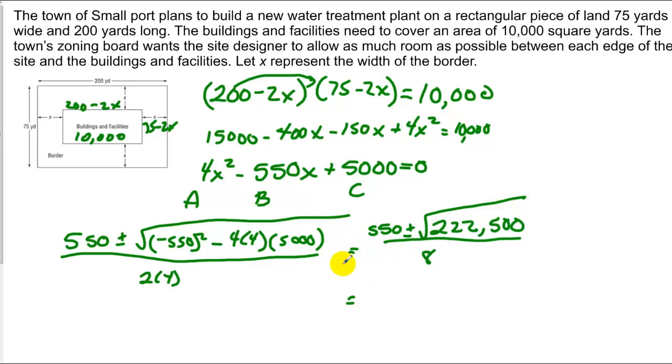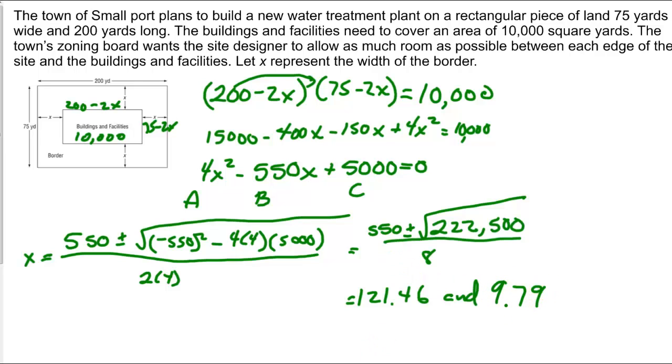So now I can find x by just popping this into a calculator, and that gives me values of 121.46 and 9.79.